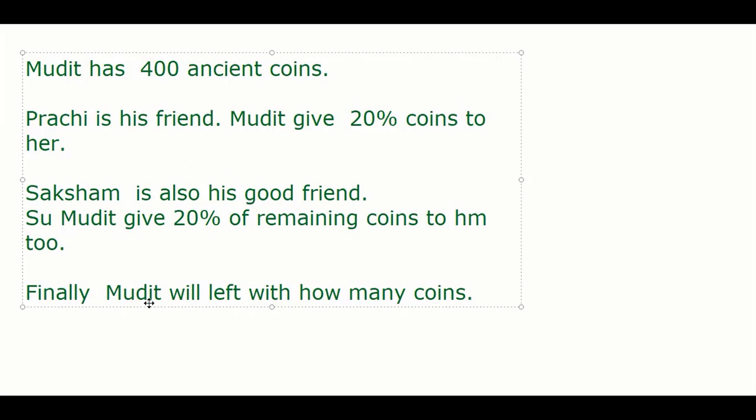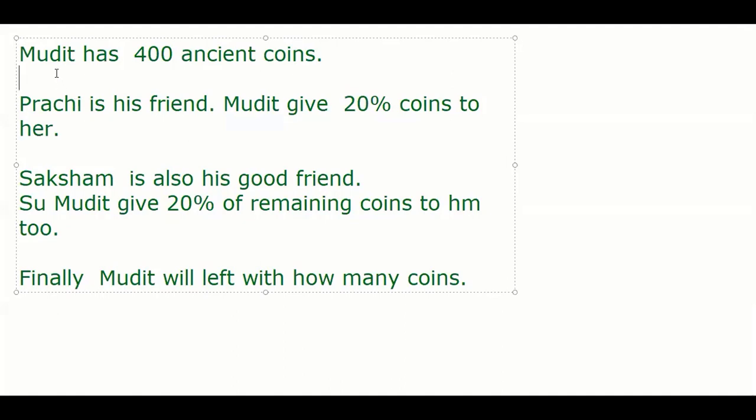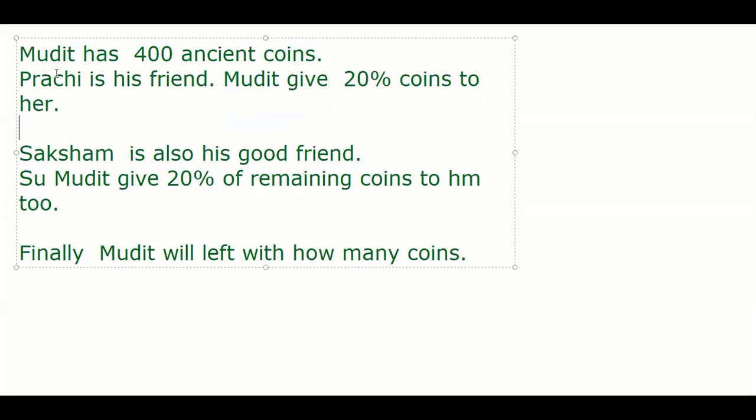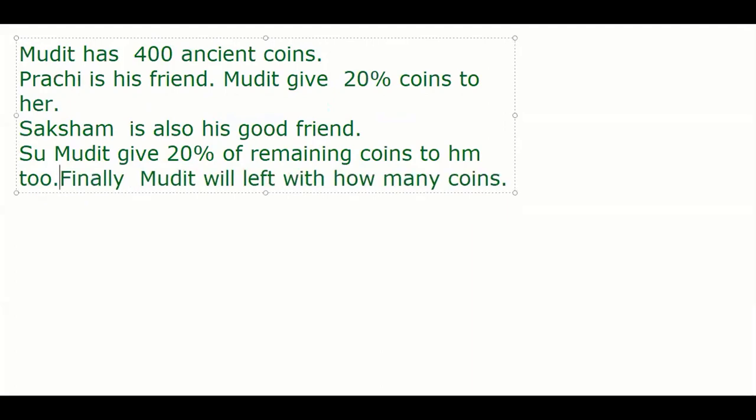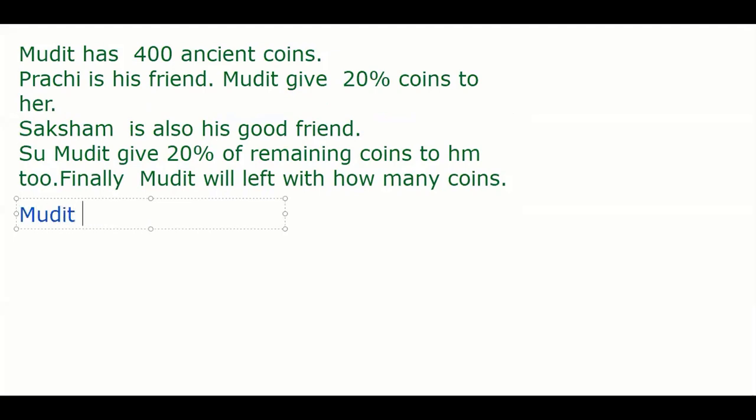Yes, Mudit, I know you are eager to solve, correct? Yes, sir, pretty much. Mudit, explain step by step. So first, I have 400 ancient coins, and I've given 20% to Prachi. Why have you given to Prachi only? Sorry, I've not written your name in the question. Okay, Mudit, 400 coins. So it's basically 400 of 20 upon 100.